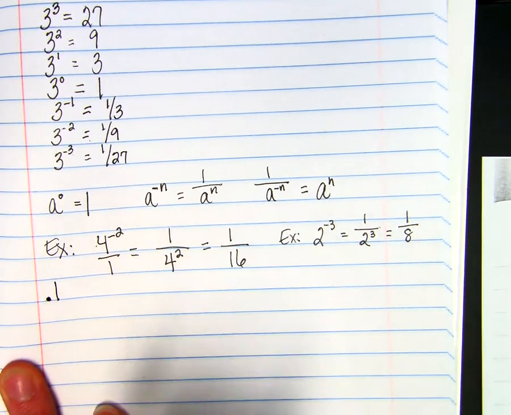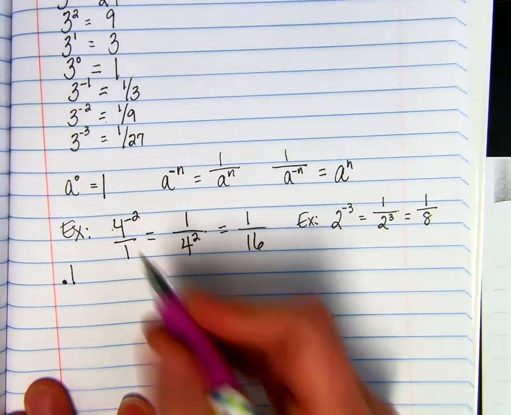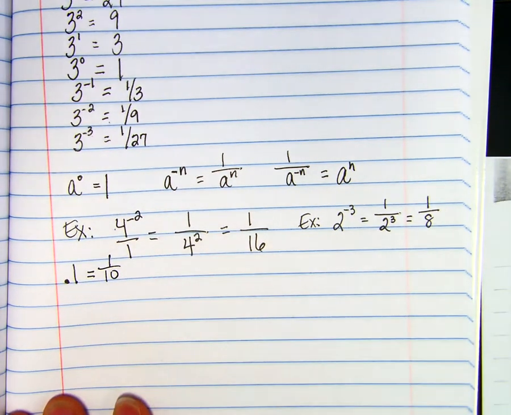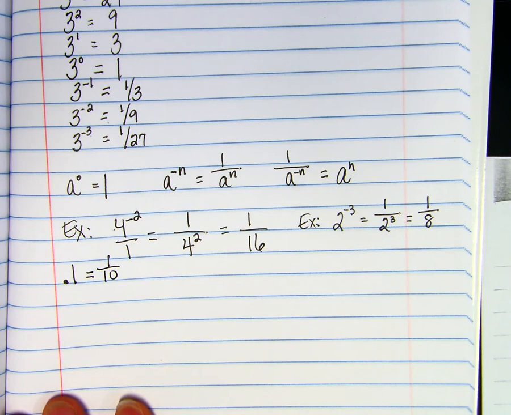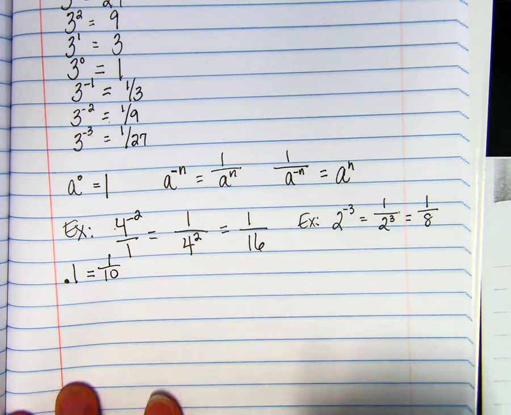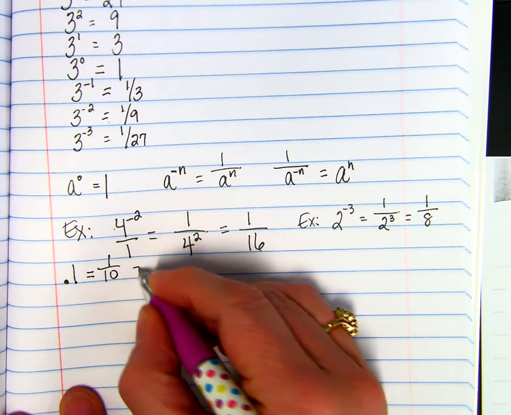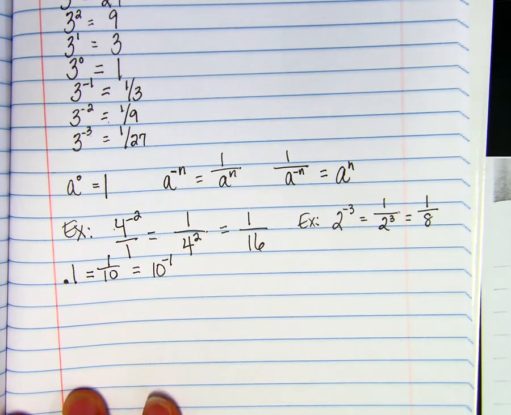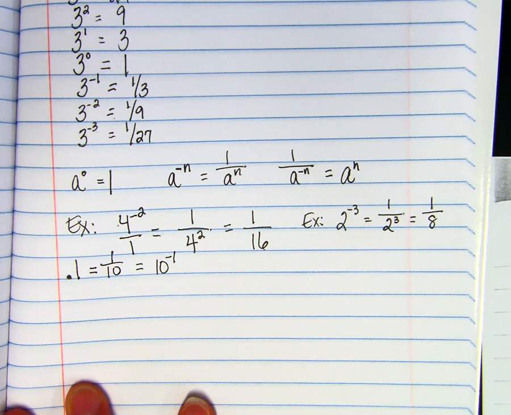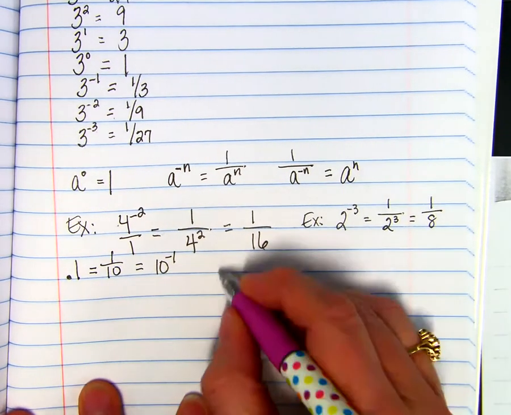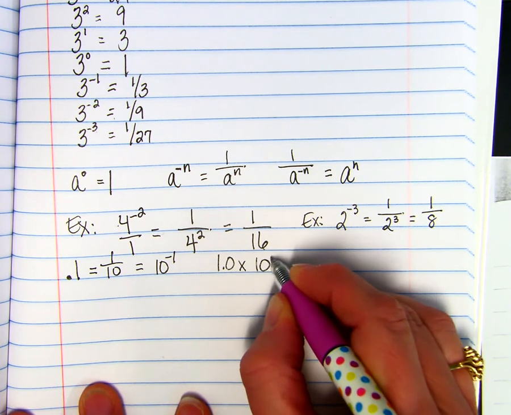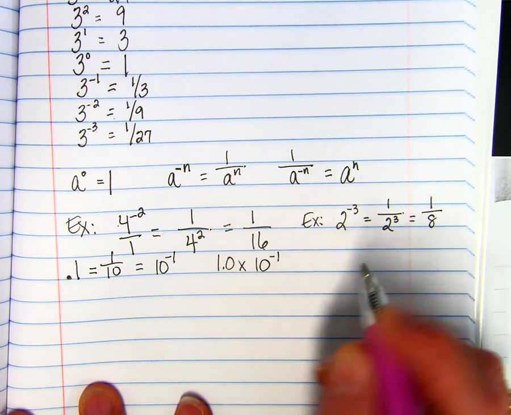Now we have decimal numbers. If you notice, this is 1/10. Do you remember, that is 10 to the negative 1. So in scientific notation, we can have 1.0 times 10 to the negative 1.